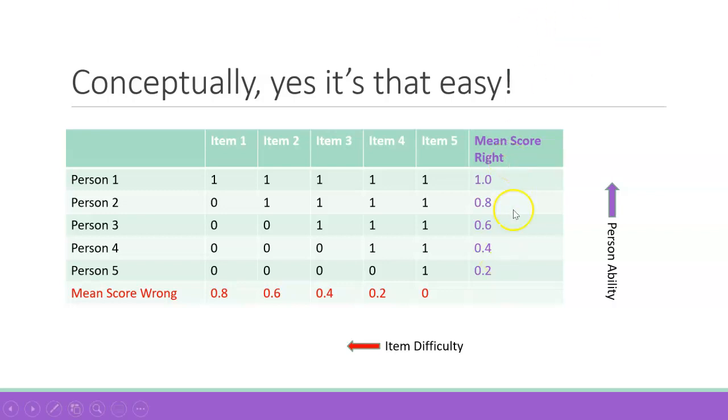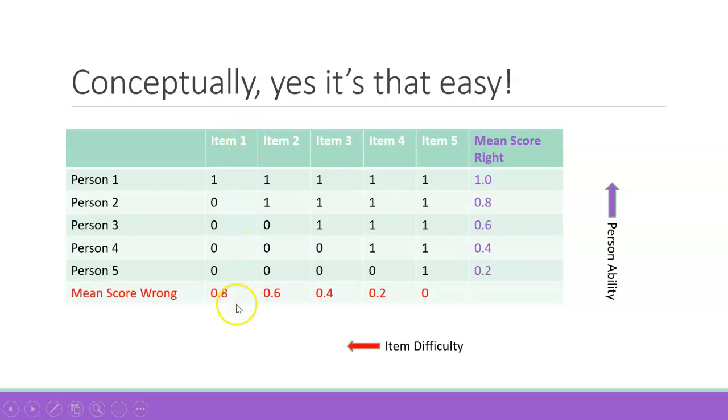We can easily set up who has the highest ability and who has the lower ability. But what this also offers us is that we can see item 5 was the easiest. Everybody got item 5 right. And item 1, only one person got item 1 right. Specifically, the person who had the highest ability got item 1 right. Everybody else got it wrong.